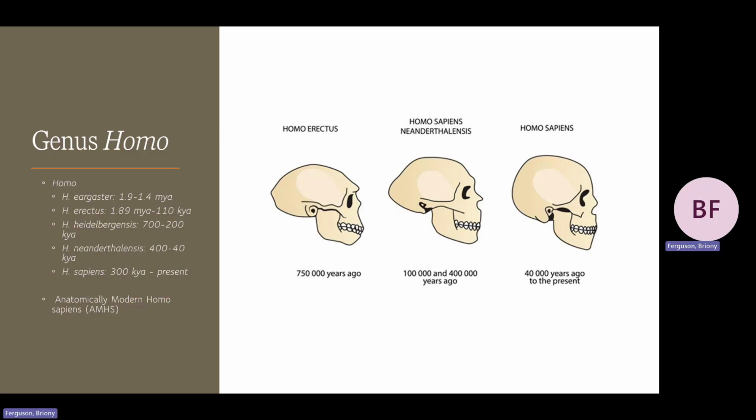However, we refer to them as anatomically modern because there is a line between this early transitional Homo sapiens and when they start to look more like a modern day Homo sapiens, just in terms of the physical characteristics of the skeleton.